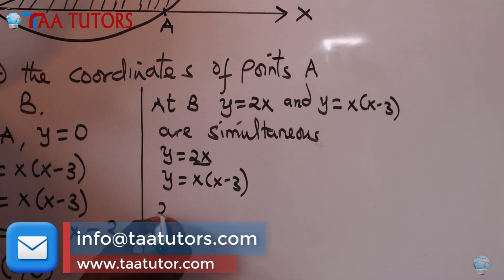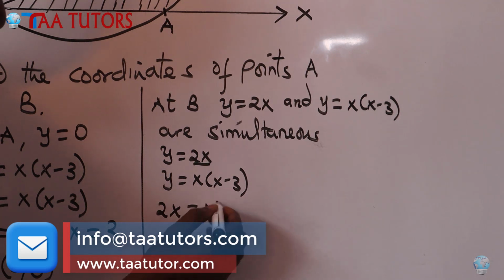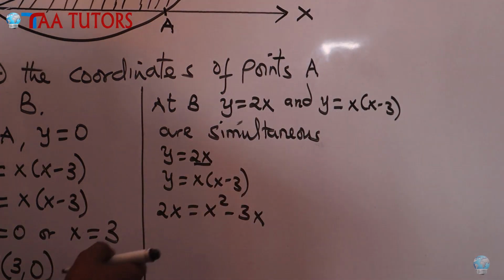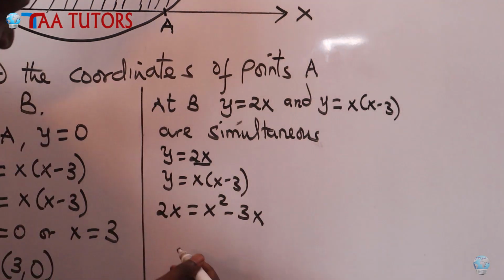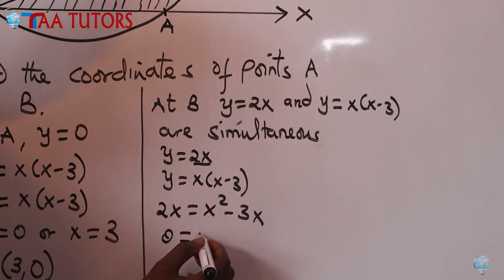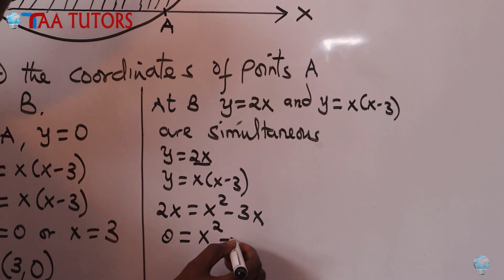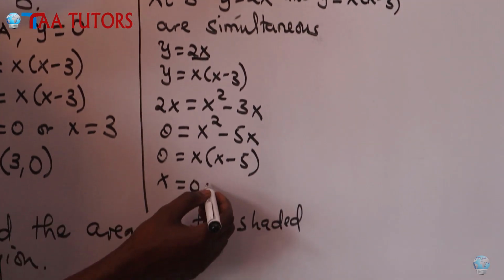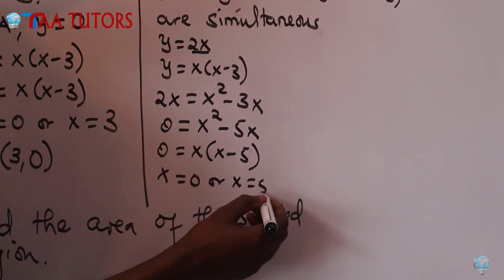So I say 2x equals x squared minus 3x. If I bring 2x to the other side, I will get 0 equals x squared minus 5x. So if I factorize, 0 equals x into x minus 5, and I can say x equals 0 or x equals 5.